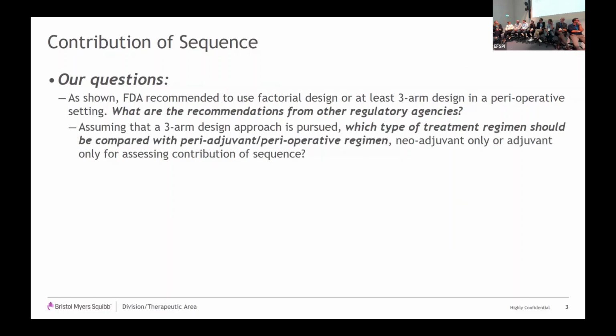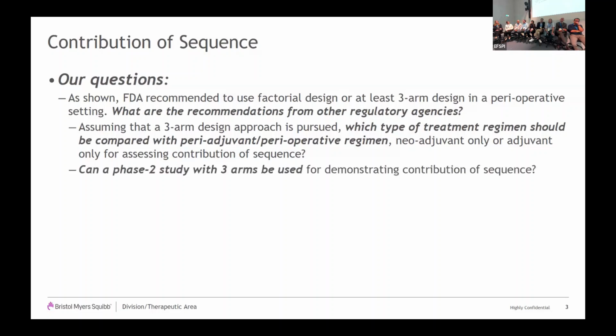So assume that we decided to pursue a 3-arm design instead of a 4-arm design including everything. Then which type of treatment regimen would you prefer to be included in this study to compare with the perioperative arm and the control arm?